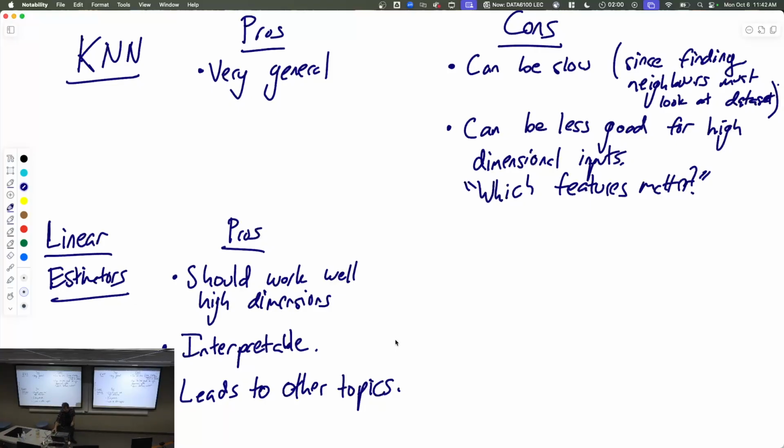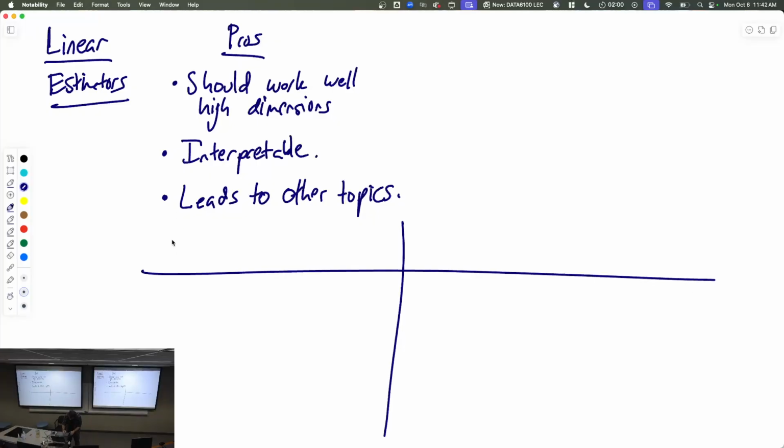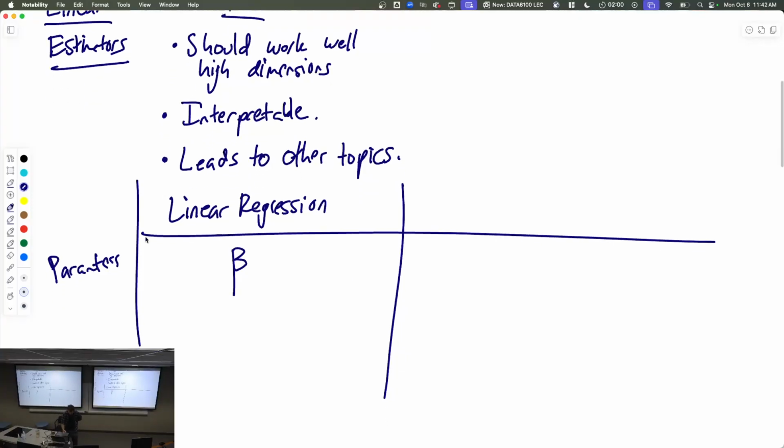So I'm going to start a little table over here. And this is what we did the last few classes. We had this estimator that depended on slopes. So the parameters, we called those the betas. So we had beta 0, beta 1, and so on. I'm just going to write beta to mean all of the parameters.